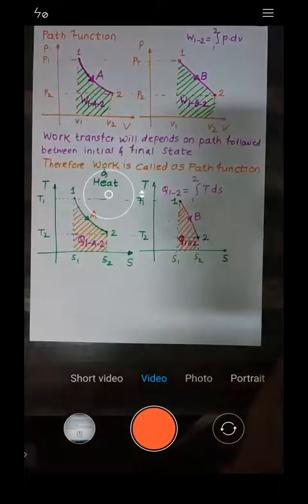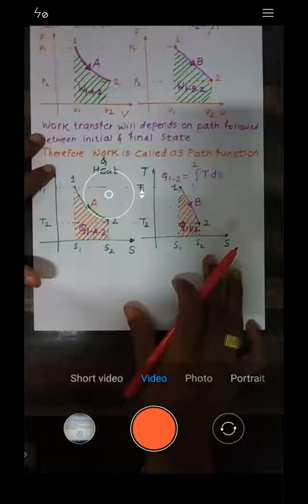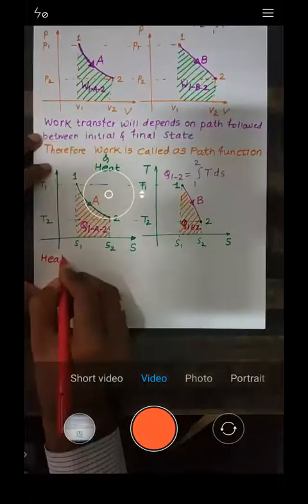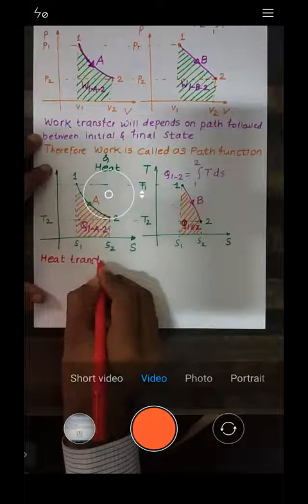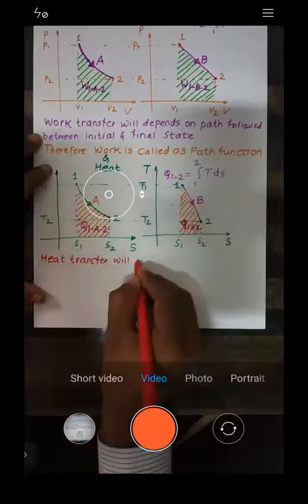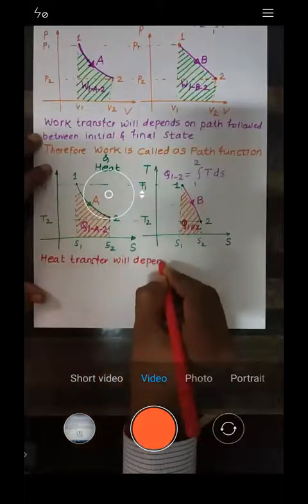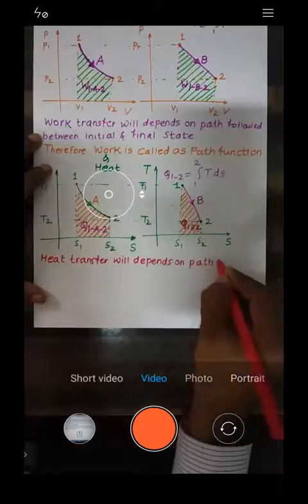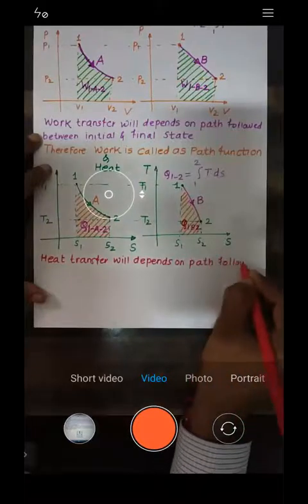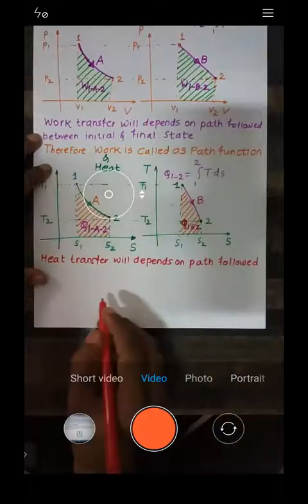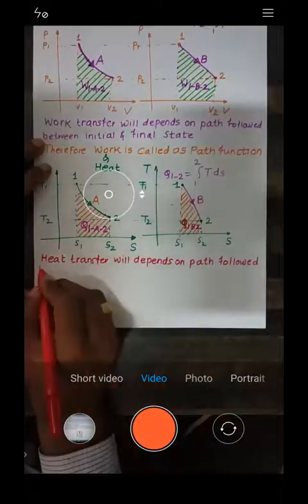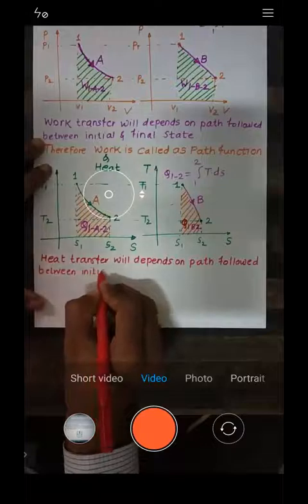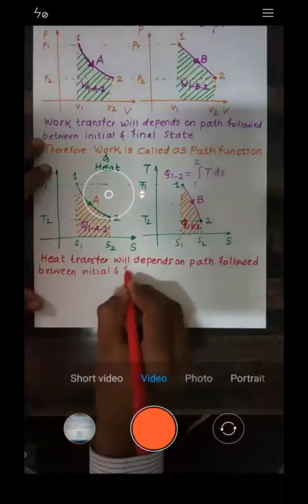So what I need to convey here is that heat transfer will depend on the path followed between the initial and final state.